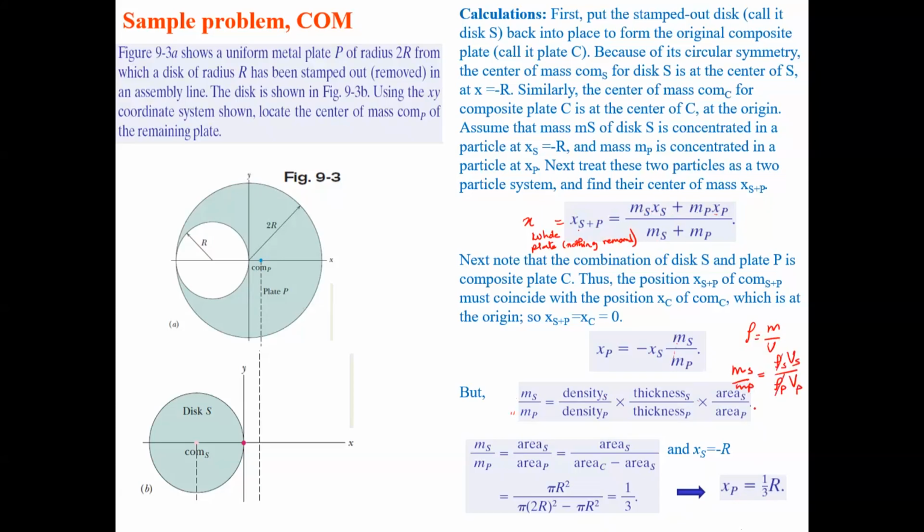Densities are the same, they cancel out. And the volumes are the thickness times the area. Thicknesses are the same, areas are different. So this gives me that the ratio of the masses is basically the ratio of the areas. And the ratio of the areas, that's just basically the area of this part and the area of this part alone. So I can find the areas and substitute them.